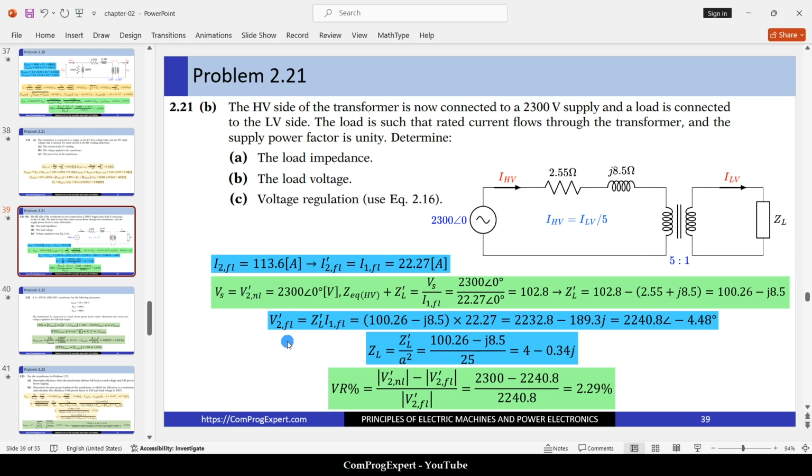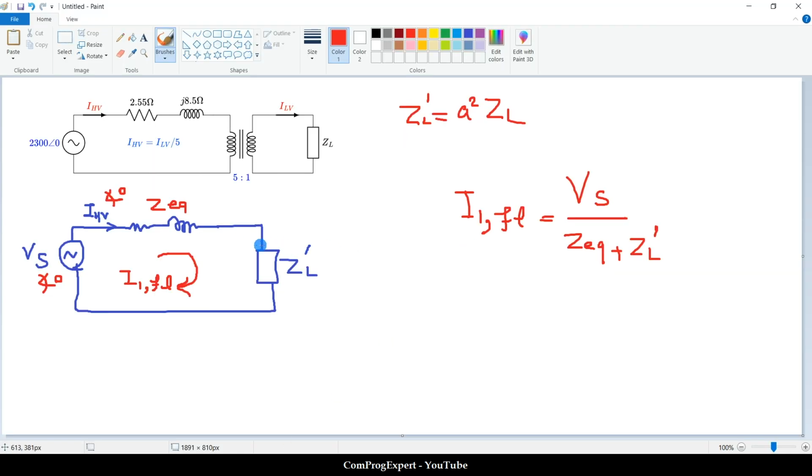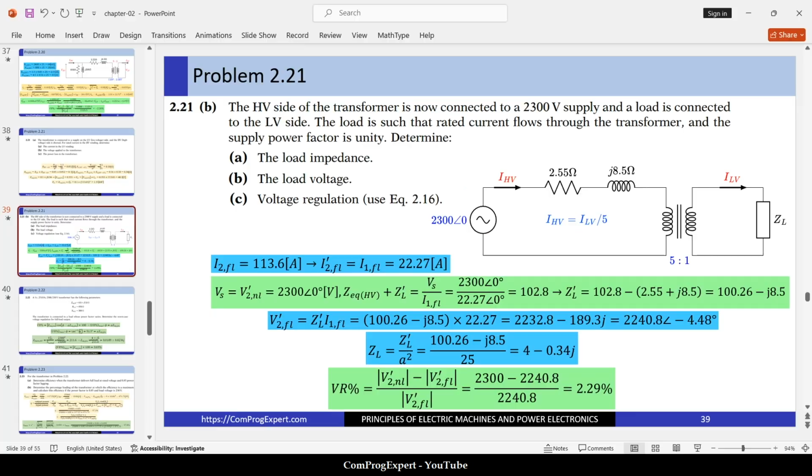We need this parameter to calculate the voltage regulation. In the case that the current is 0, I2 prime is 0, and V2 prime is equal to Vs. So this is V2 prime no load. And in the case that we have current, we need to calculate V2 prime for the full load.